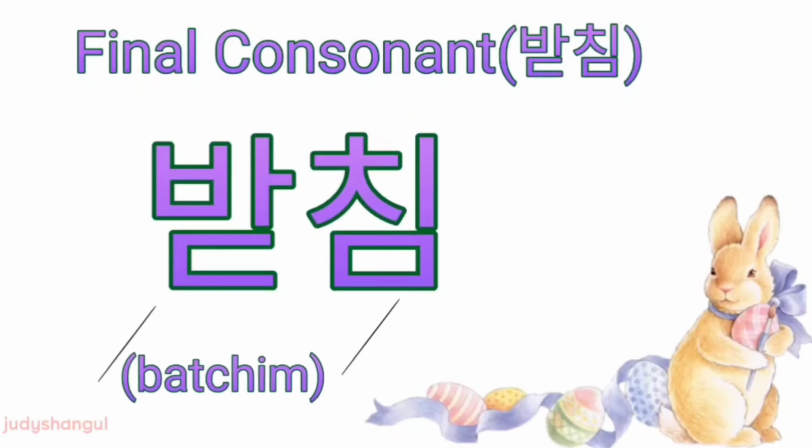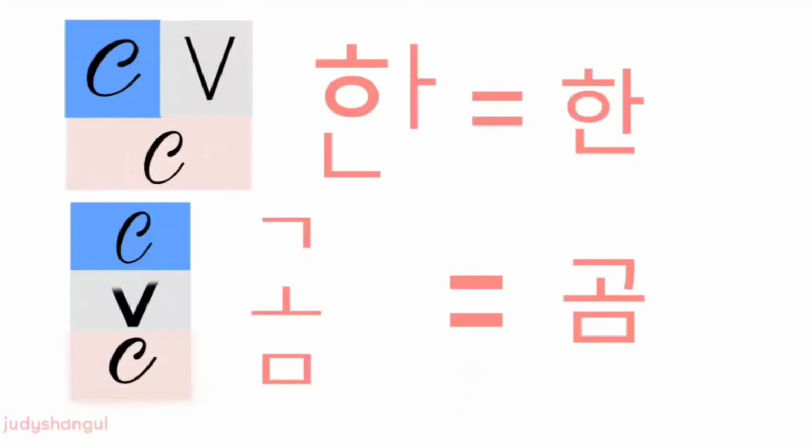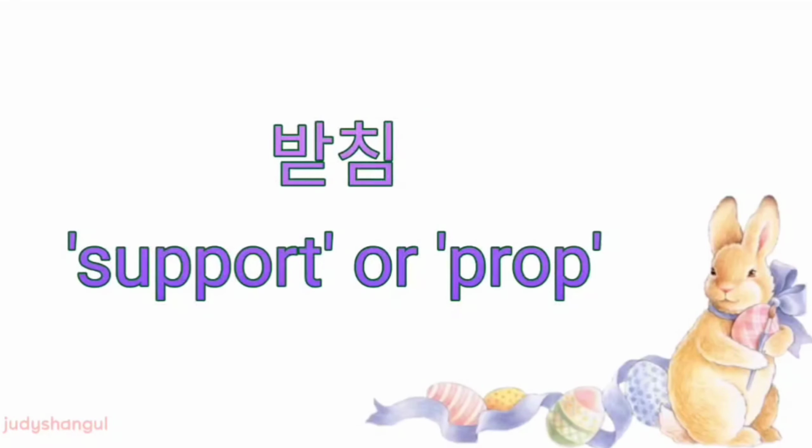Okay, it's time to learn 받침, or final consonants. A final consonant is a consonant placed at the bottom and pronounced at the end of a Korean syllable block. 받침 means support or prop because it supports other letters from below.